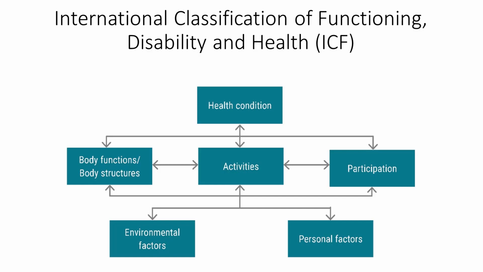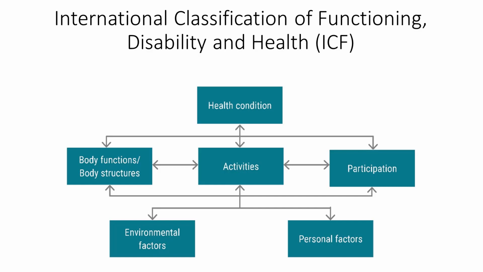So measuring health outcomes requires a conceptual framework for understanding health, and that framework is shown in this slide. It is the most internationally accepted standard for understanding functioning and disability, and it was introduced in the year 2001 by the World Health Organization.